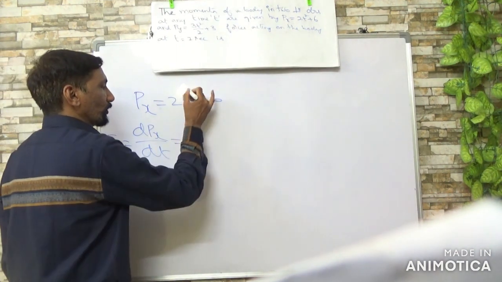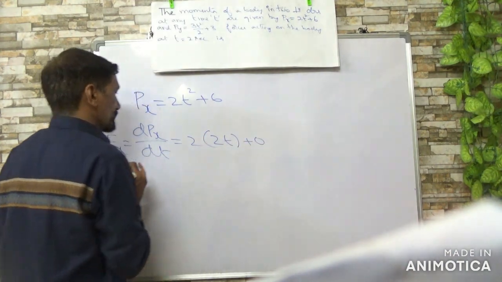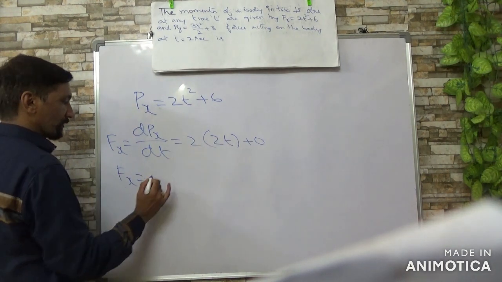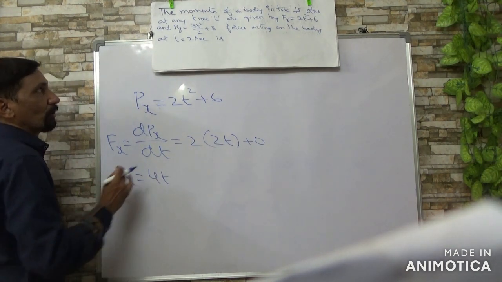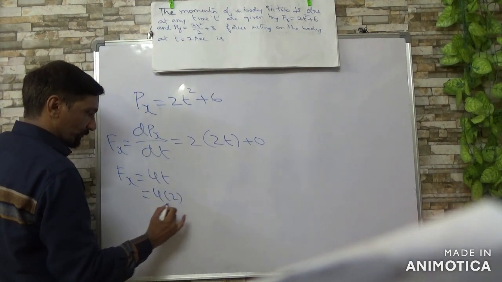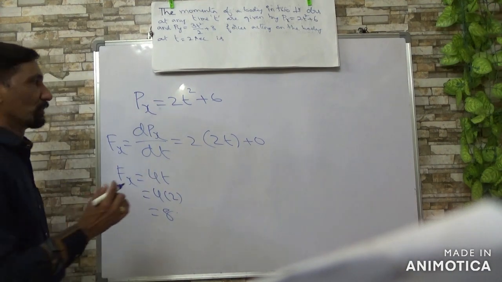So 2 into the differential value of t square, 2t, plus constant 0. So the force along the x direction is 4t. You want it after 2 seconds, so substitute. This is in the x direction.